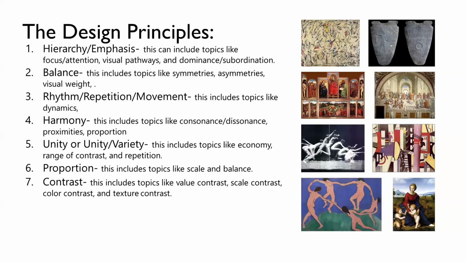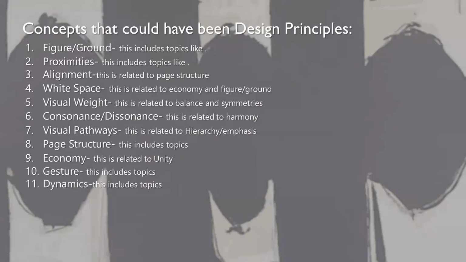So hierarchy and emphasis, balance, rhythm, repetition, movement, harmony, unity, or sometimes people would say unity slash variety. I prefer that. Proportion, although sometimes they'll say proportion and scale or scale and proportion. And finally, contrast. Okay. But there are lots of design concepts that generally don't make that list, but certainly could.